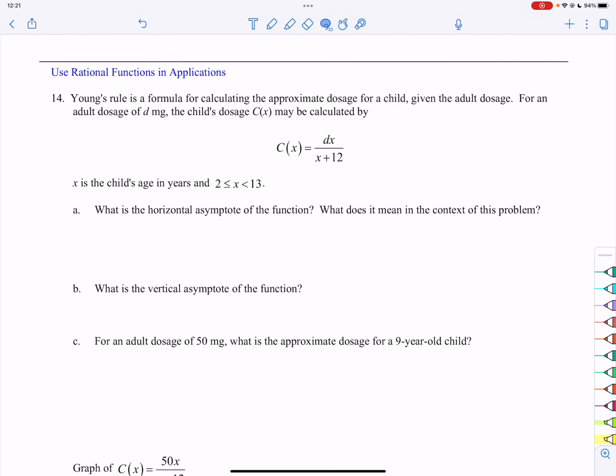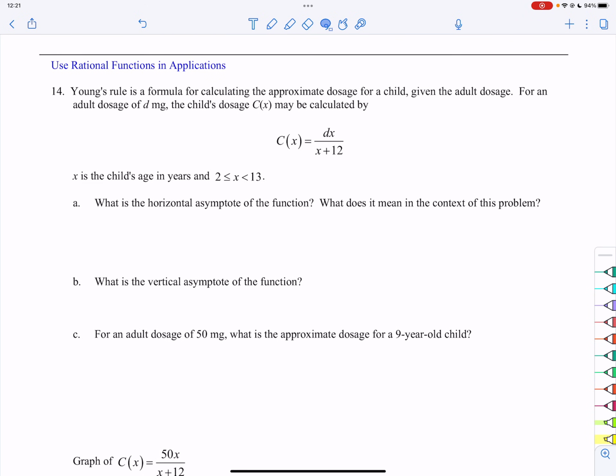And let's just try an applications problem using rational functions. And we have Young's rule as a formula for calculating the approximate dosage for a child given the adult dosage.